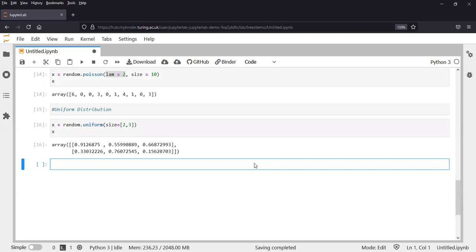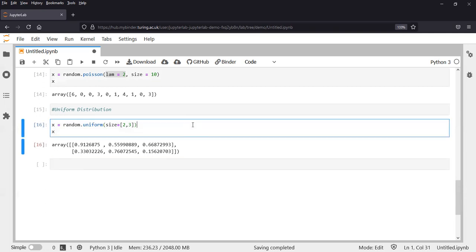The uniform distribution has three components. The first is a, where a means the lower bound. If you are familiar with the uniform distribution, you should know the lower bound and the upper bound.